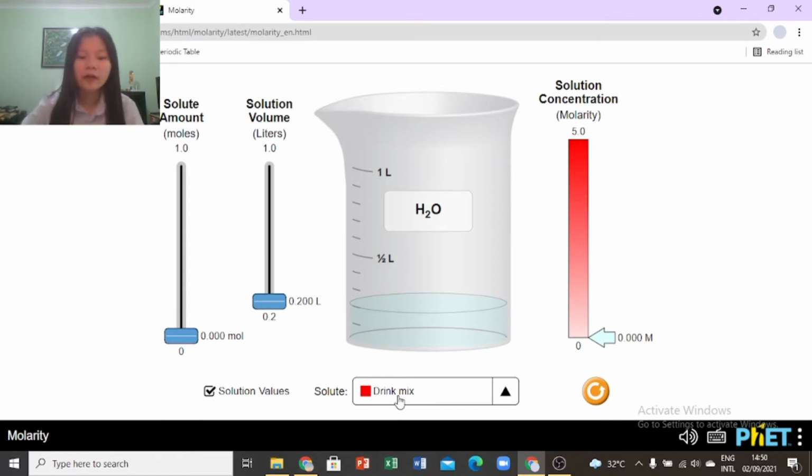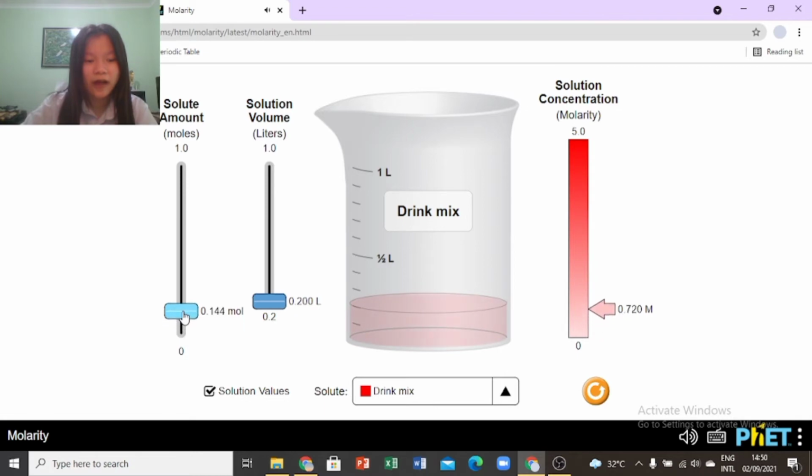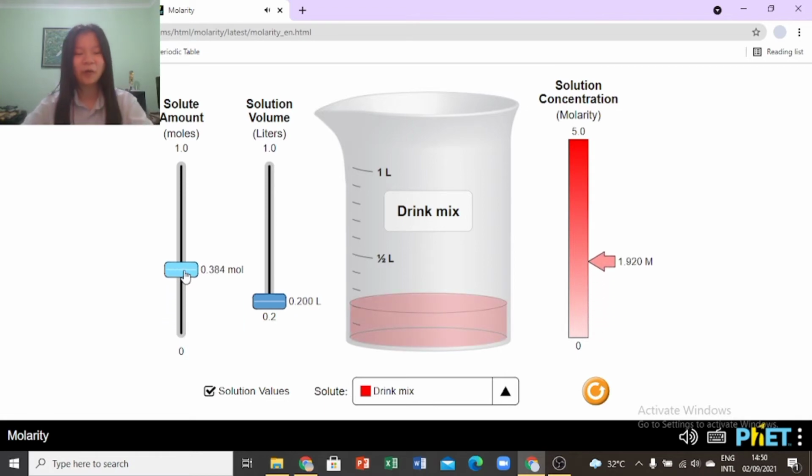So here, when I start using the drink mix, we start from 0 moles, 0.2 liters, just H2O, and 0 molarity. First, I will try to increase the moles, the solid amount, and see what will happen. When I increase the solid amount in moles, we can see together that the molarity is also increasing.